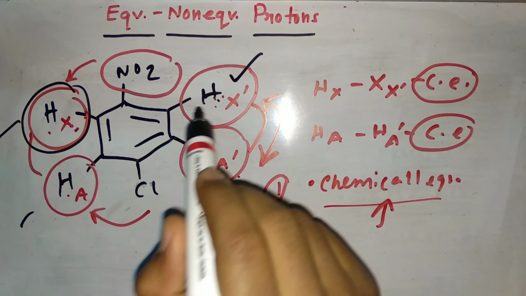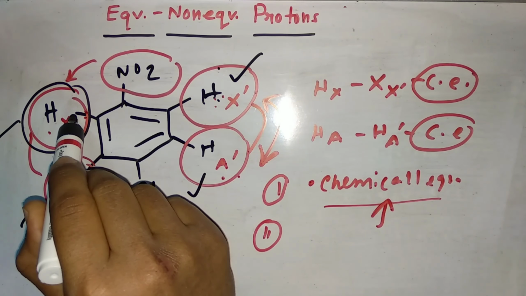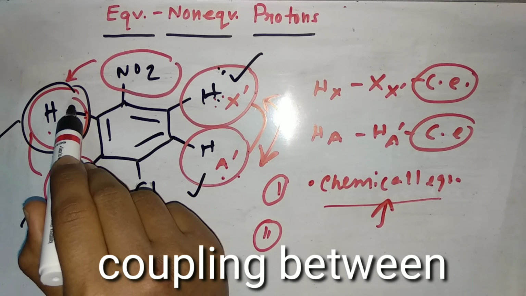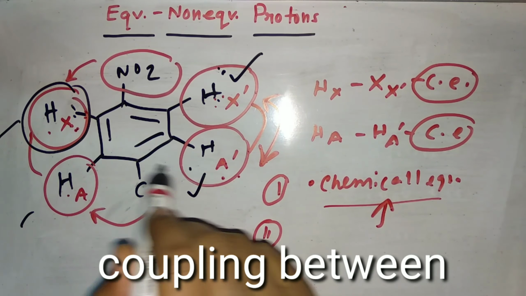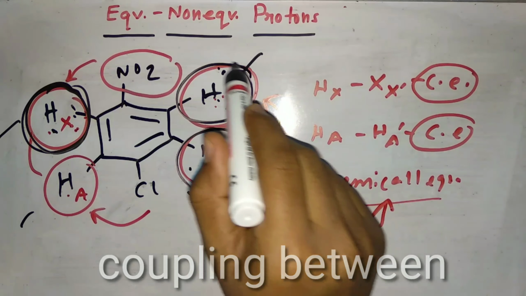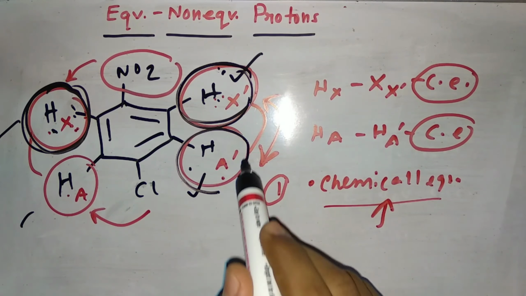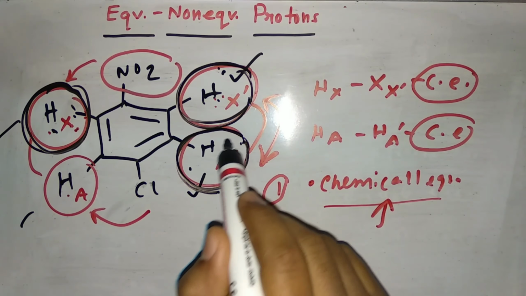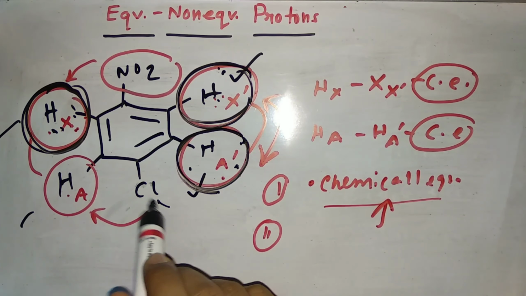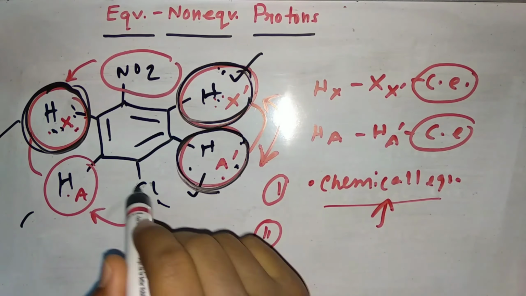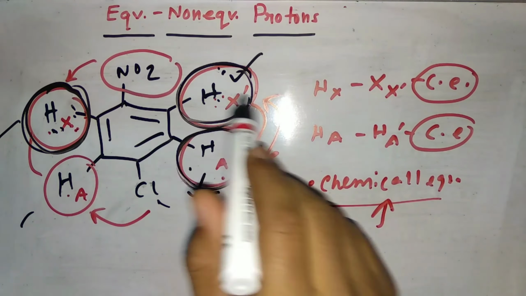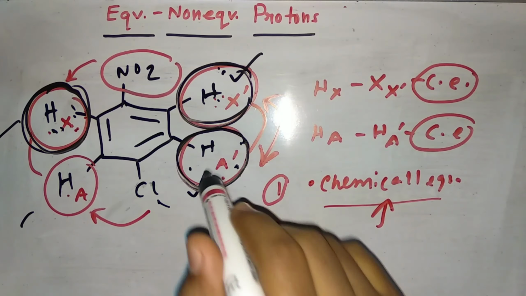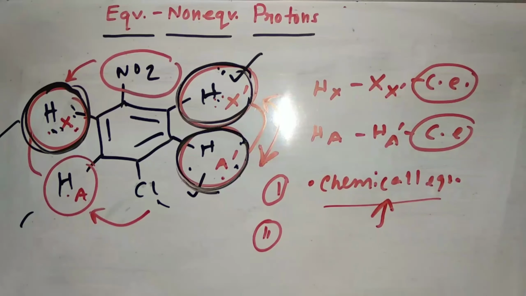The interaction between these and this should be similar to the interaction between this and this, but the atmosphere of this proton and this proton is not equal like the atmosphere between this proton and this proton, because of NO2 and chlorine. So these two protons belong to different atmospheres, and that causes these two to be magnetically non-equivalent.